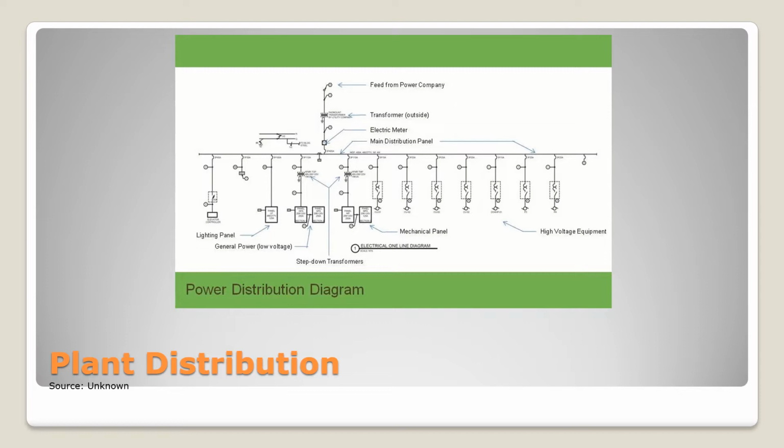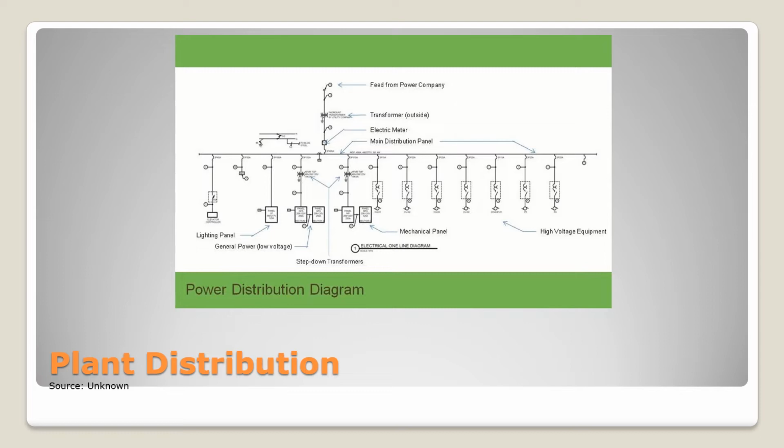However, remember that when we change voltage, we also change current. We have the formula power equals voltage times current. Since the transformer doesn't create power, it just transforms it, the mathematical product has to stay the same. So if I increase voltage, I have to decrease current to keep the power the same.